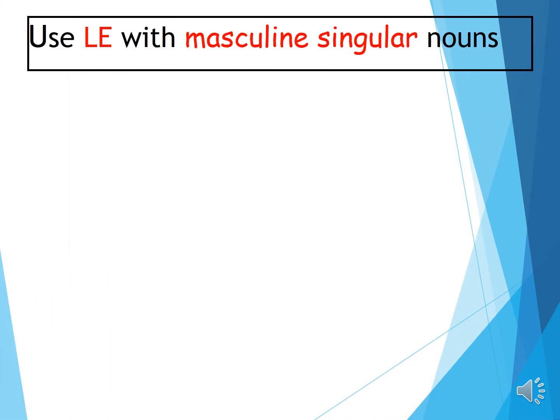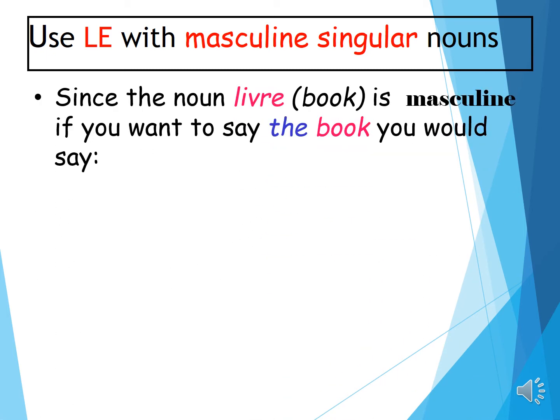So, we use le with masculine singular nouns. Let's see an example. The noun livre, which means book in English, is masculine in French. If you want to say "the book", you would say le livre.